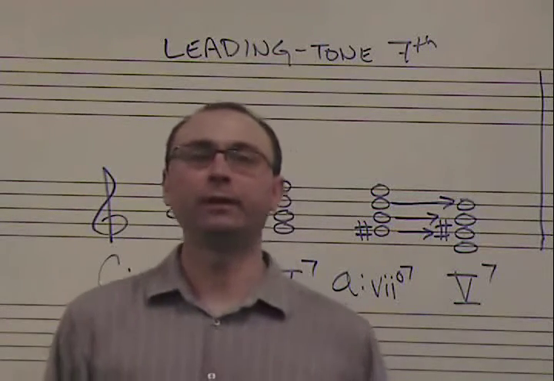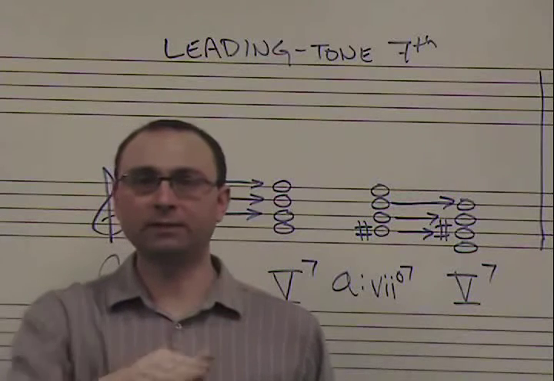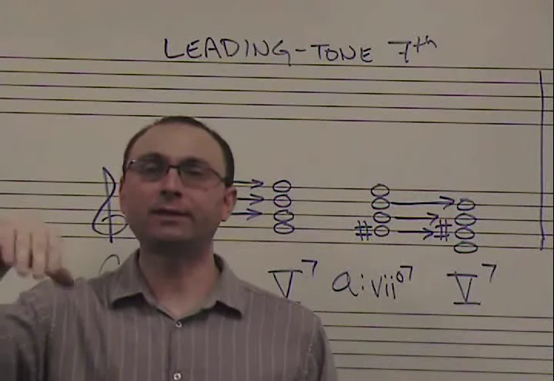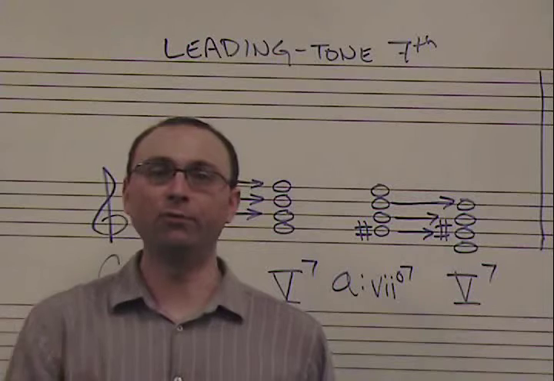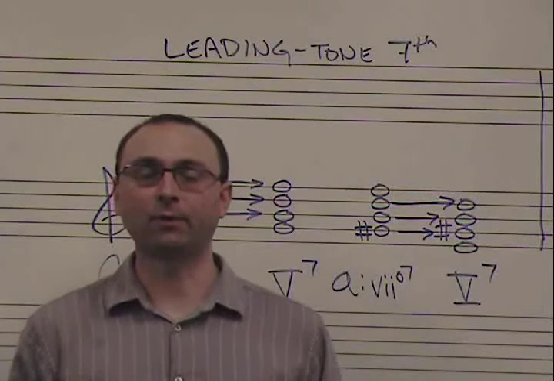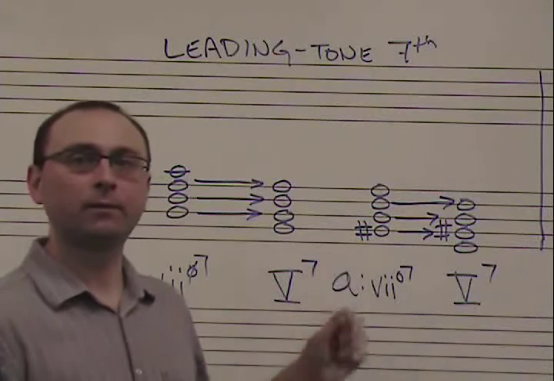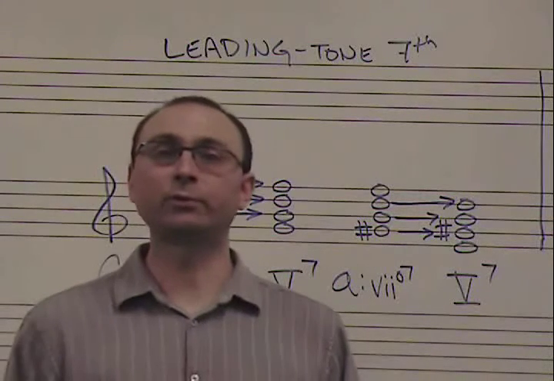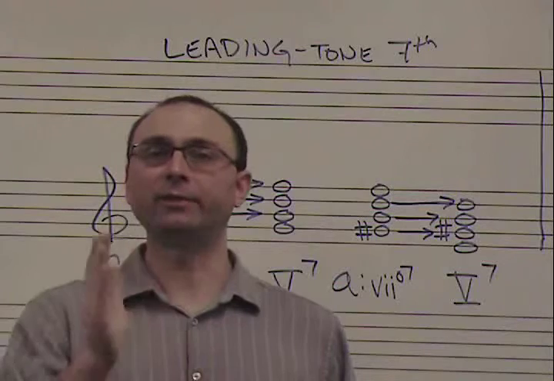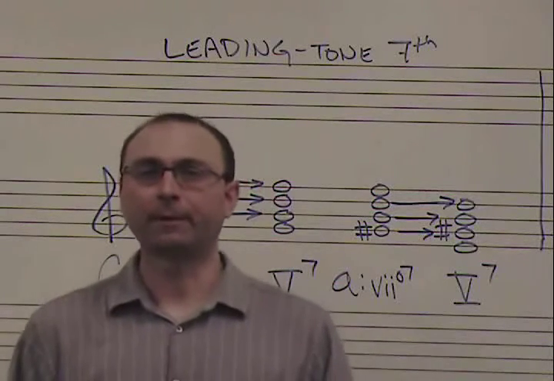Now the difference is, when the dominant progresses to tonic, we say that that's a circle progression, a root movement in ascending fourths. When the leading tone chord progresses to the tonic, that's a root movement in seconds. Okay?